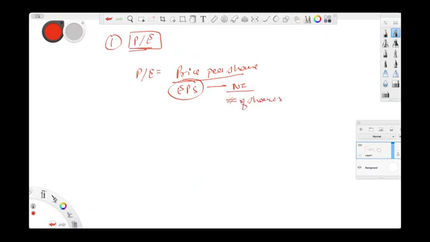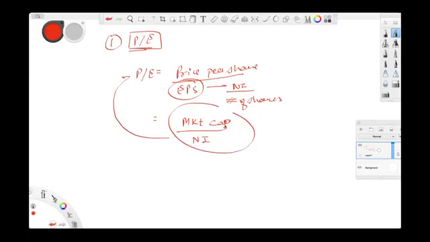Another way to write P by E is market cap over net income. This will give you the same result, because market cap is the price multiplied by number of shares, whereas it is net income. If you send this to the denominator, it will be price over EPS only.